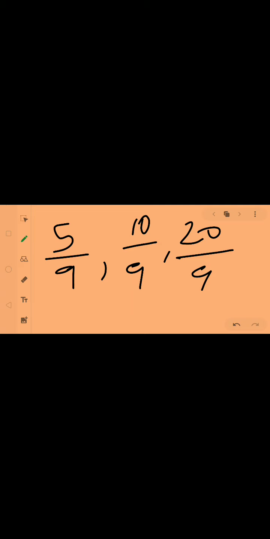Then the comparison of like fractions is quite easy. How do we compare? We just need to look at the numerators. Since denominators are the same, we just need to compare their numerators. Just look at 3 upon 4 and 10 upon 4. The fraction that has the greater numerator is larger in value.